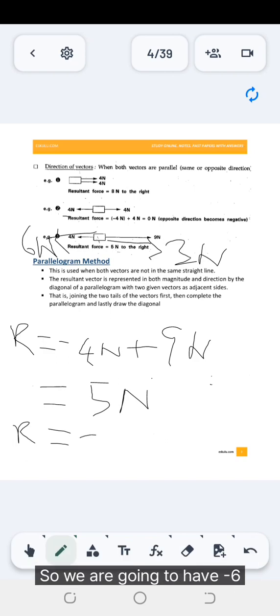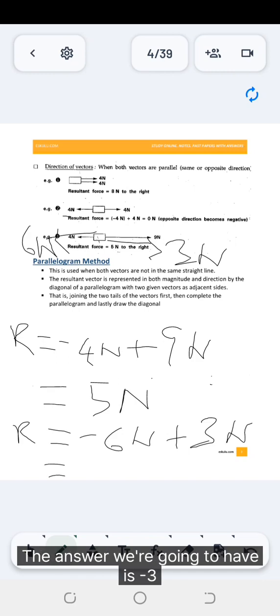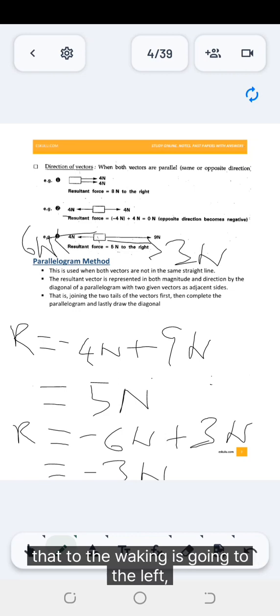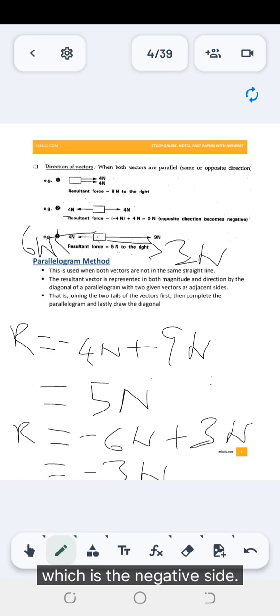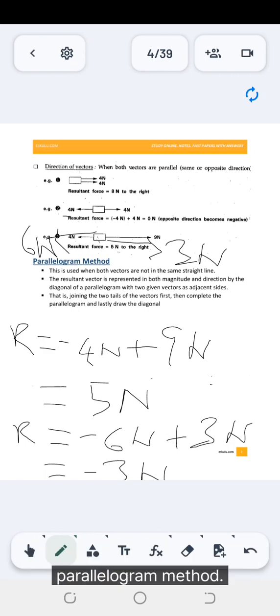We have negative 6 newtons plus positive 3 newtons, and the answer is negative 3 newtons. The negative just shows us that the working is going to the left, which is the negative side. Then let's proceed and look at the parallelogram method. So that is simple addition.